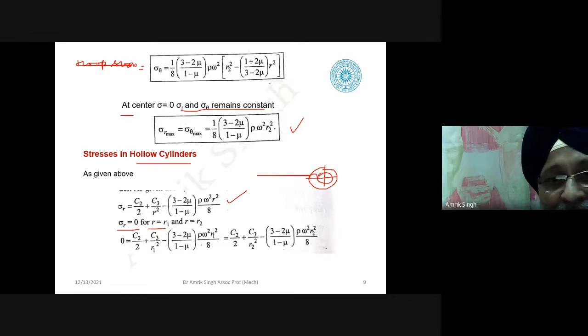So it is 0 at R1 and R2. So we can put this value, R1 and R2, equal to 0. So C2 is equal to this. Therefore, we put the value of C2, so you will get the radial stress as this and the hoop stress as this.